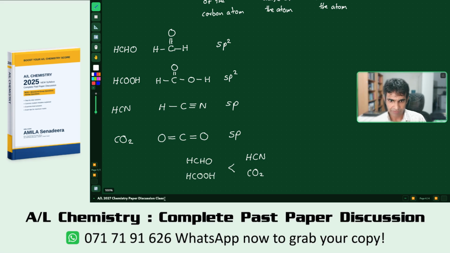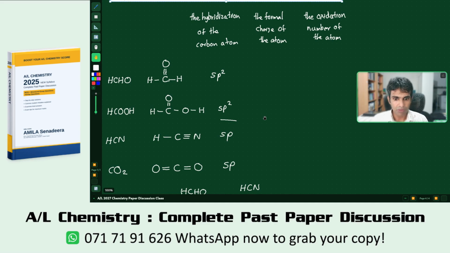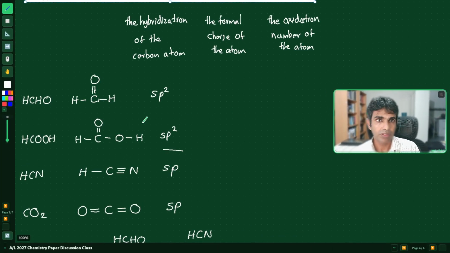So we need to compare these two and these two separately now. So next factor is the formal charge. According to these Lewis structures, it is clear that formal charge of each of these carbon atoms is 0.